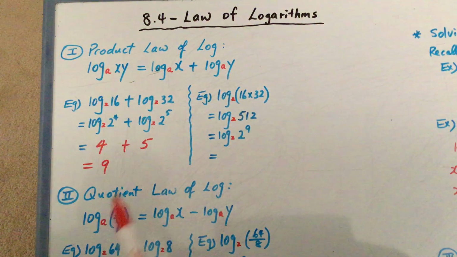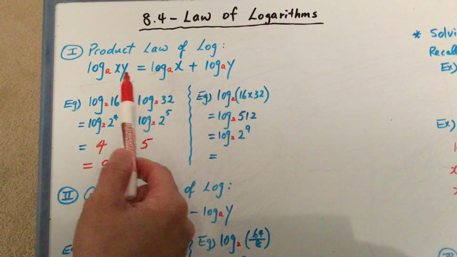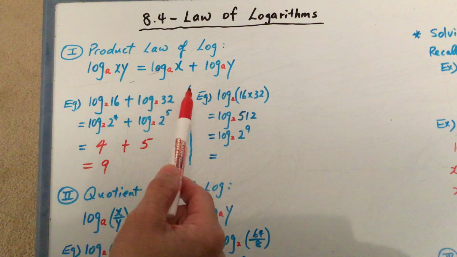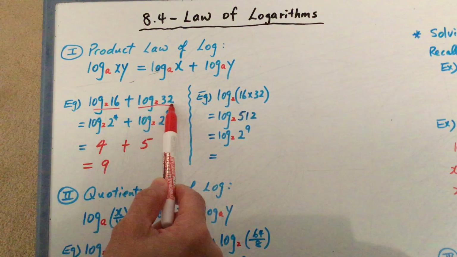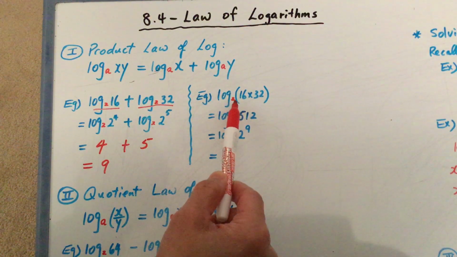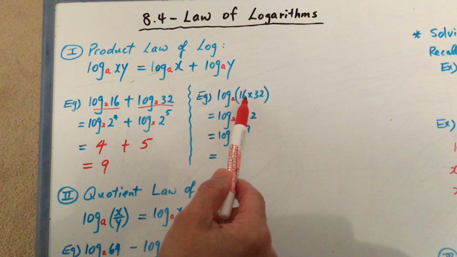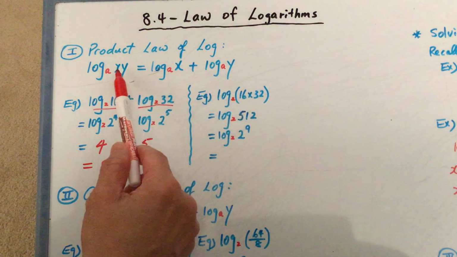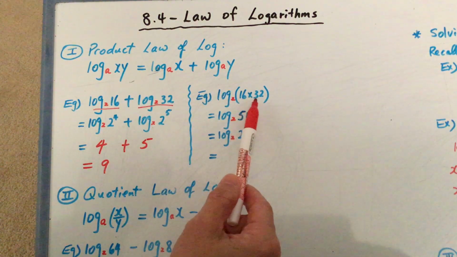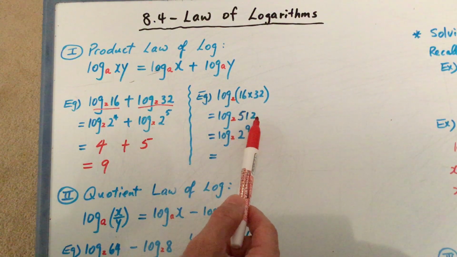Okay, so let's verify the law to see whether this is true or not. If we combine these two terms under log 2, multiplying the 16 with the 32, as the x times the y, when you multiply that, you get 512.